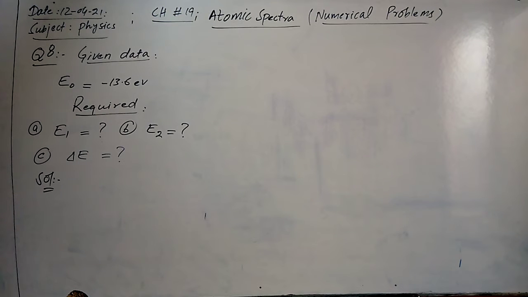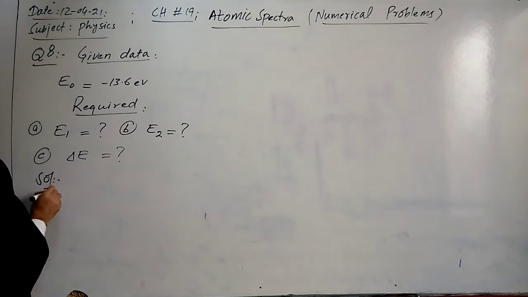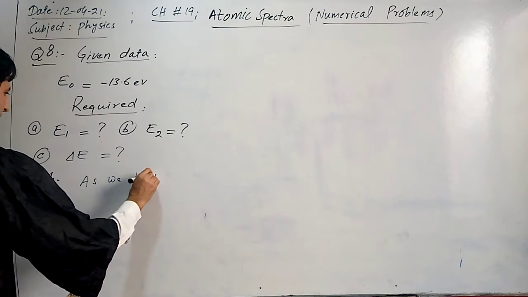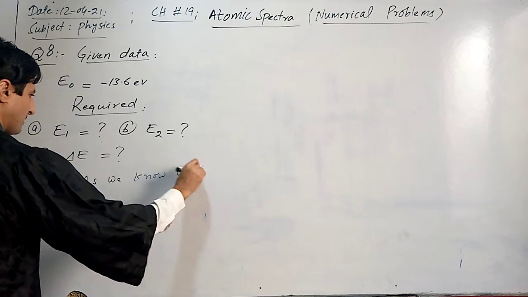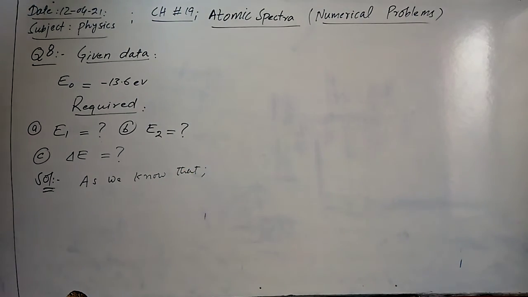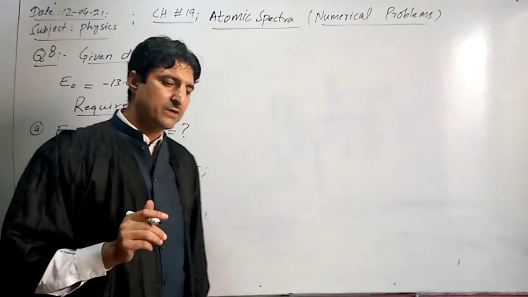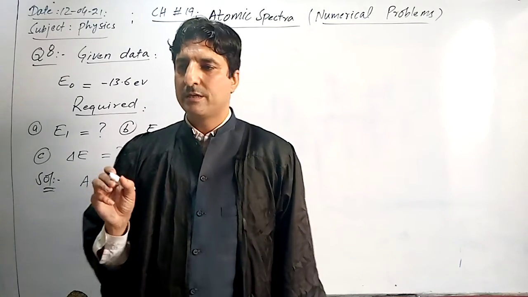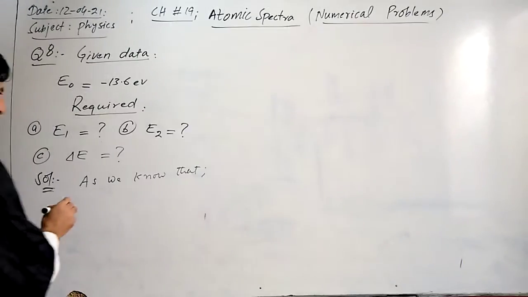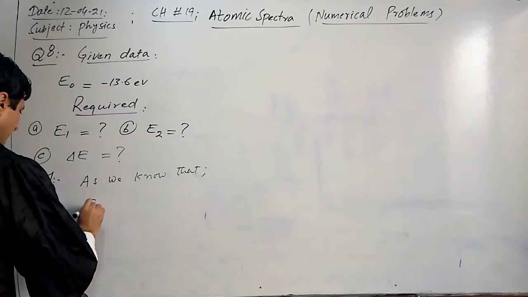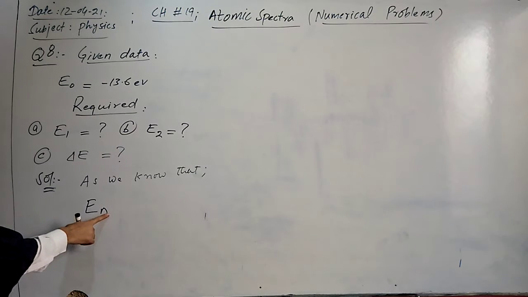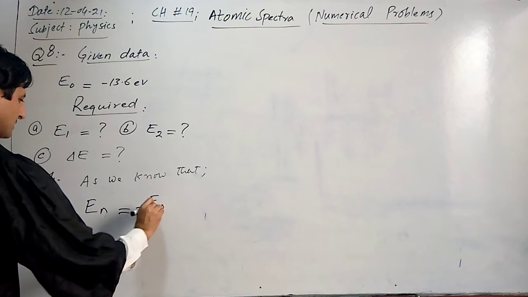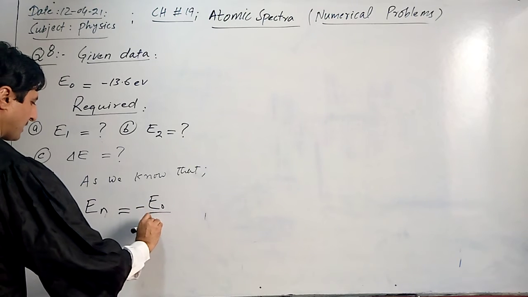As we know, the general formula for calculating the energy at any particular orbit is En equal to minus E naught divided by n square. So En, the energy at any particular orbit, is equal to minus E naught, the energy of the innermost orbit, divided by n square.